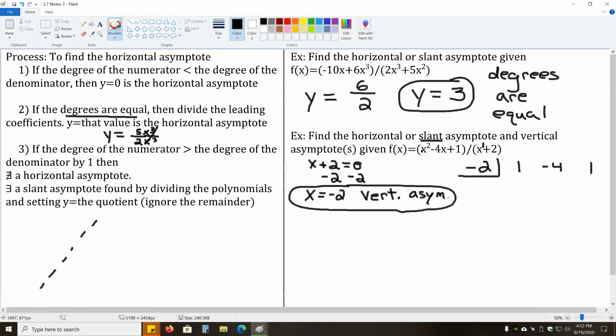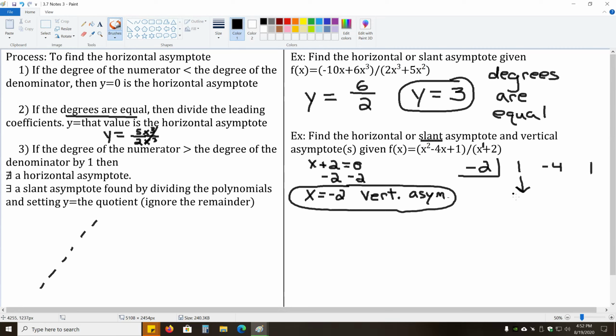And always remember to check if any x's are missing. So if this were like x cubed and this were x squared would be missing. So we would fill in a 0 for that missing x squared. But in this case there isn't, so we just want 1, negative 4, 1.